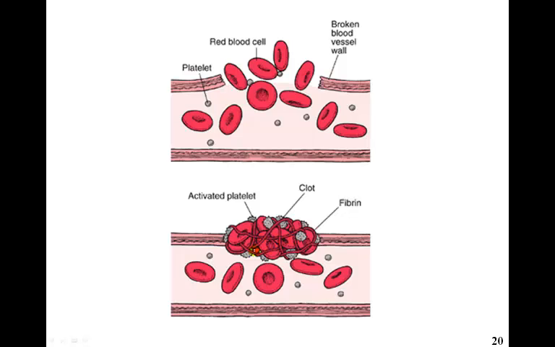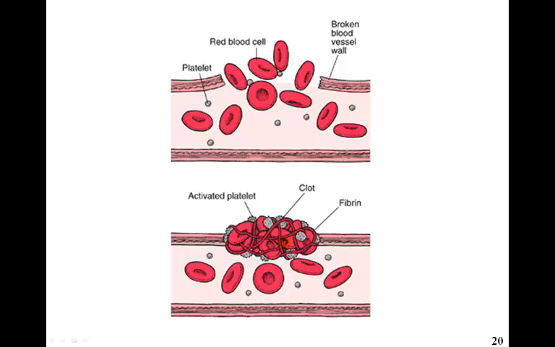The platelets, as we'll see, play an important role in the formation of the blood clot, and in some of the steps that happen afterwards, particularly clot retraction. Red blood cells just get caught up in the clot by accident. The reason clots look red is because they have red blood cells in them, but the red blood cells are totally non-functional. They don't have any functional role in the clot. They just happen to get caught up in the network.